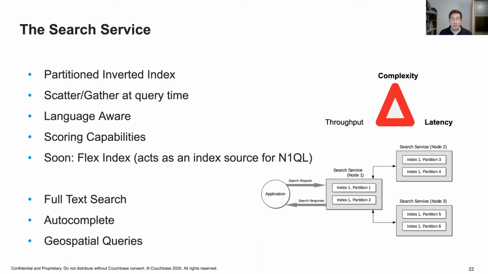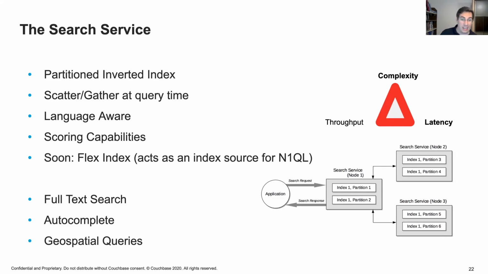Now, it has very interesting capabilities, like it is language aware, so you can perform searches based on different languages. It has scoring capabilities. And in Couchbase Server 6.6 and later, we are adding support called Flex Index, which allows you to use the search service as an index source for Nickel.